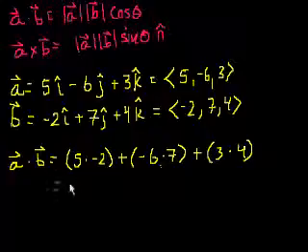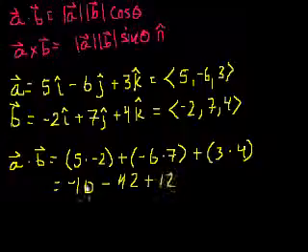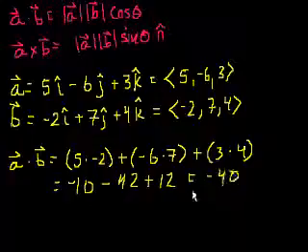So it equals, what is this? Minus 10, minus 42, plus 12. So this is minus 52 plus 12. So it equals minus 40. That's it. It's just a number.